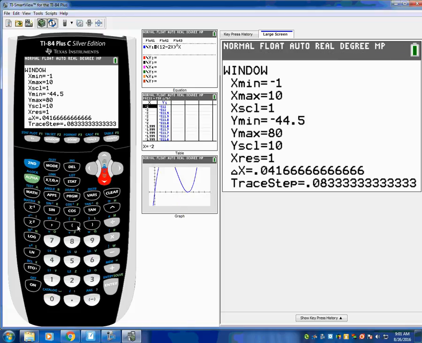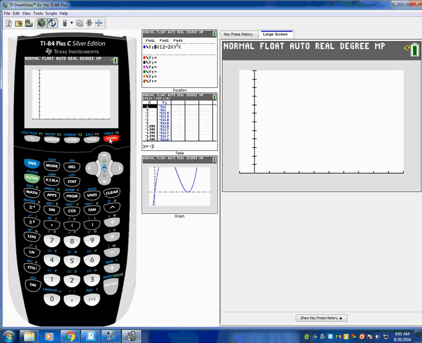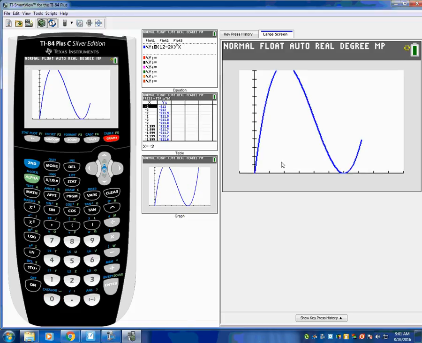And my Y-min could probably just be zero. Let's go a little higher though, maybe 120. Graph. Not quite, but that's close enough. So it looks like it's going to be 2-ish, right? Probably going to hit 2-ish.